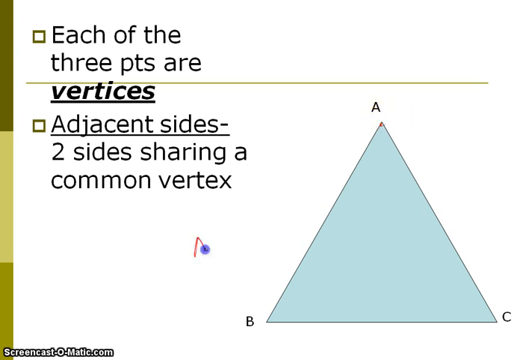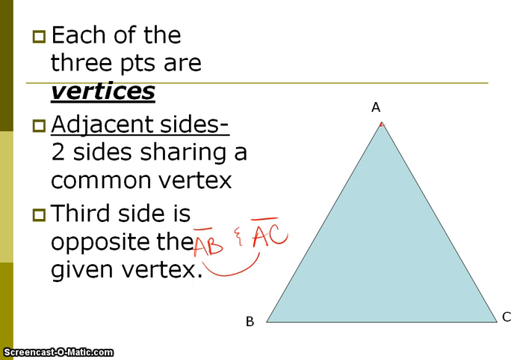So in this case, we could say that AB and AC are adjacent because they share the vertex A. And the third side is opposite the given vertex. So if we're ever trying to refer to this side, BC, we could say it's opposite vertex A.